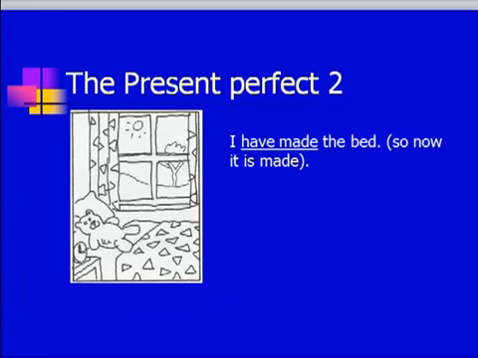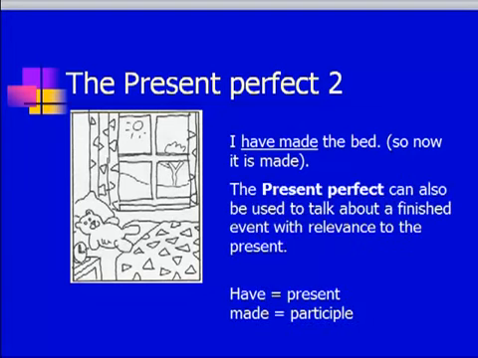Now that does not necessarily have to happen just before the child saying it, but imagine the mother saying, go up to your room and make your bed, and the child can say, I have made the bed. Now that's relevant to the conversation they're having, even though the event may have happened a while back. So the present perfect can also be used to talk about a finished event with relevance to the present.